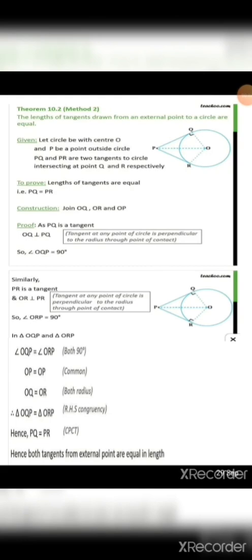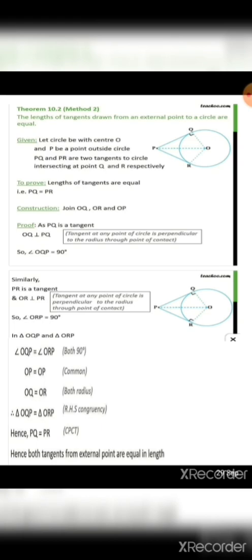Now, theorem number 10.2. Lengths of tangents drawn from an external point to a circle are equal. This is the statement of the theorem. See the figure here.